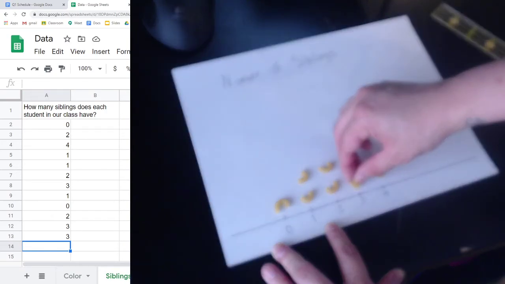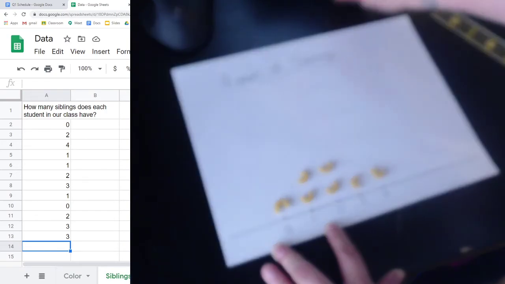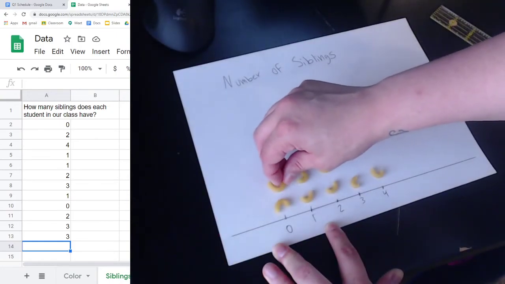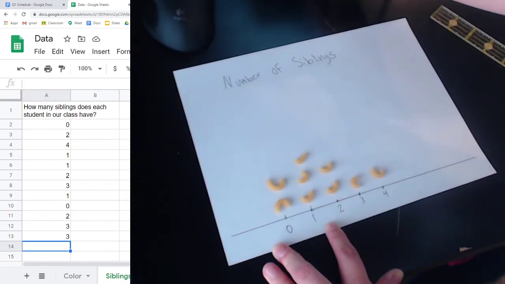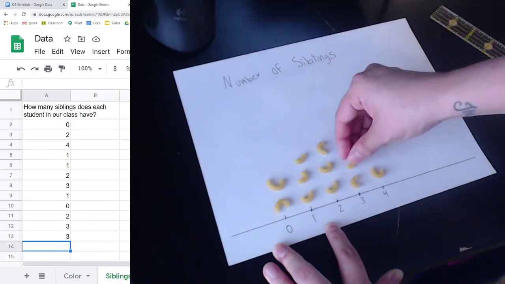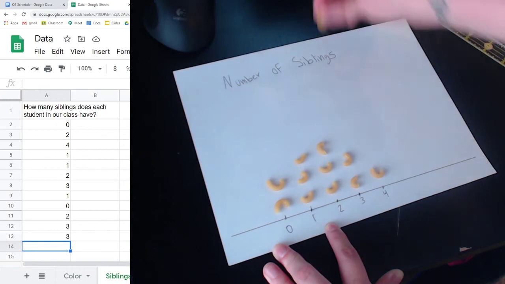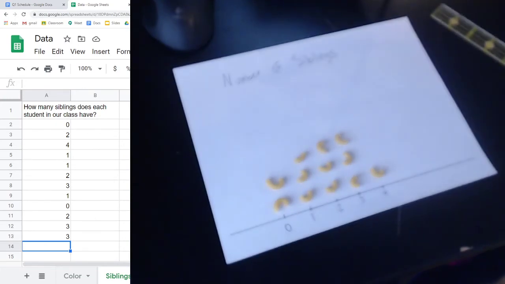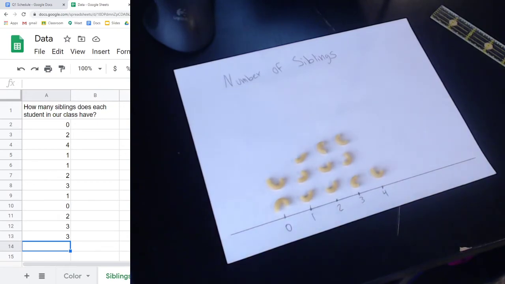Next comes a 3. Another 1. Another 0. A 2. And 2 more 3s. So here is my dot plot for the number of siblings.